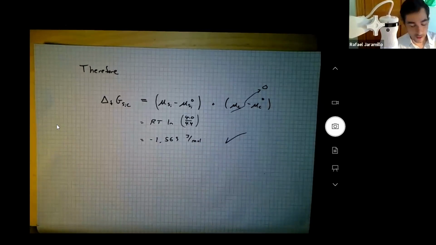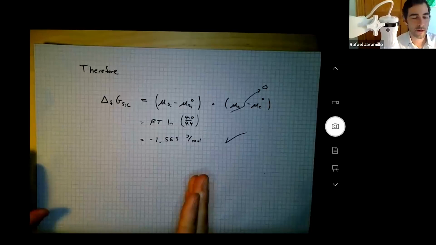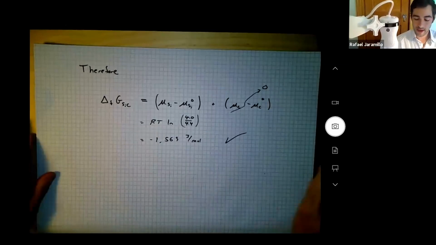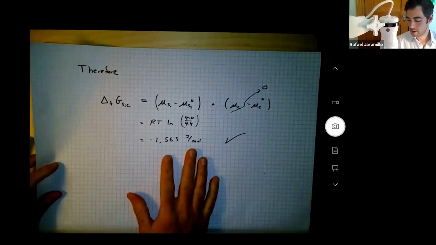So I intentionally left a good amount of time to talk about this problem, but I want to start with a strategy for solving these types of problems, and for solving all thermal problems, actually.